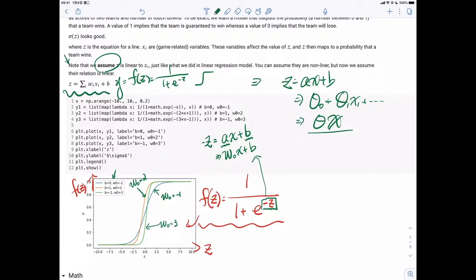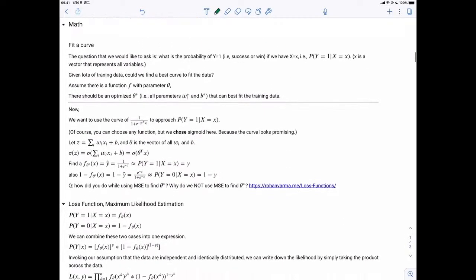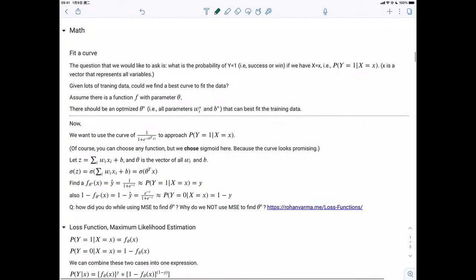So currently we'd like to find the best parameters, a star, b star, to try to fit the curve. First, the question we'd like to ask is, what is the probability of y equals 1, which means win, if we have X equals x, which I mentioned before?